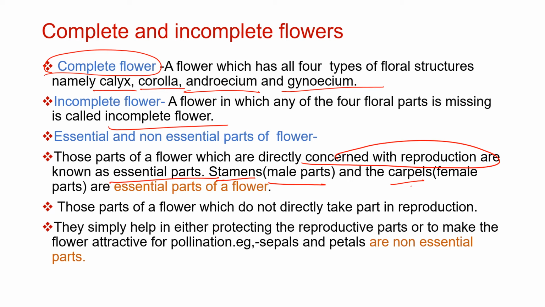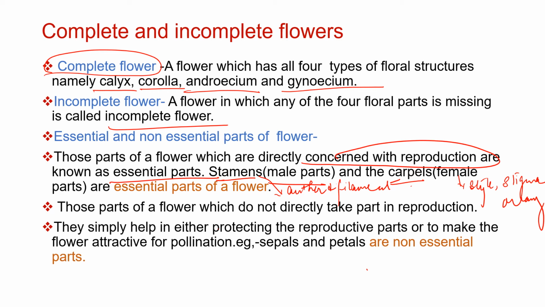The carpel has style, stigma and ovary. So the male part, the stamen, has anther and filament. If you remember the diagram which I showed you, the carpel, the female part, has the style, stigma and ovary, right?